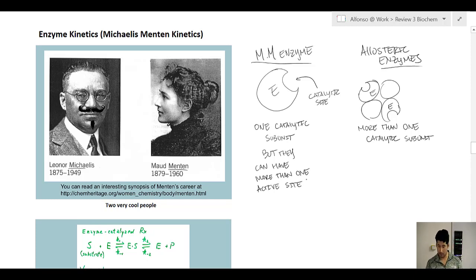All right, so this means that the enzyme could have an active site here and an active site there. What the active sites do is they catalyze the reaction.